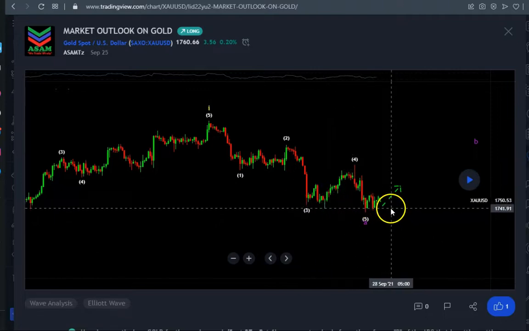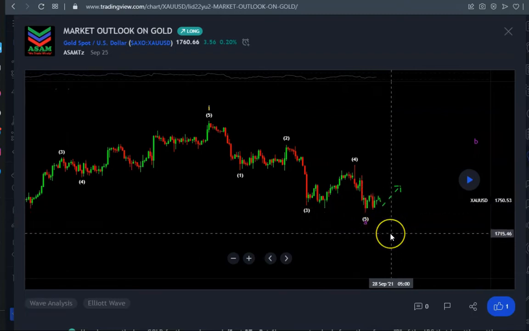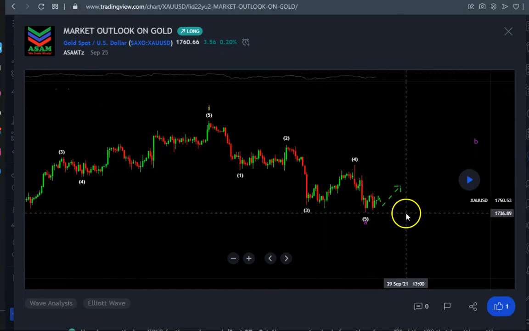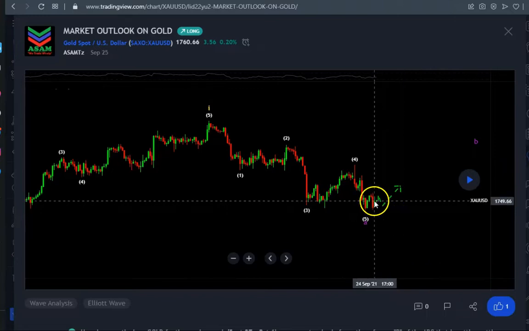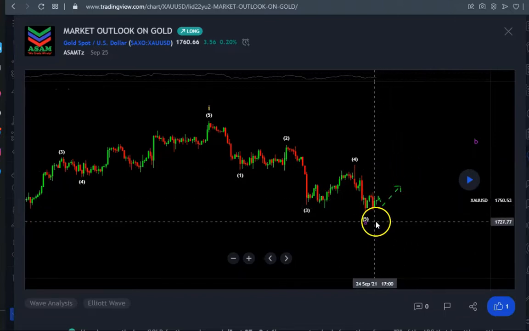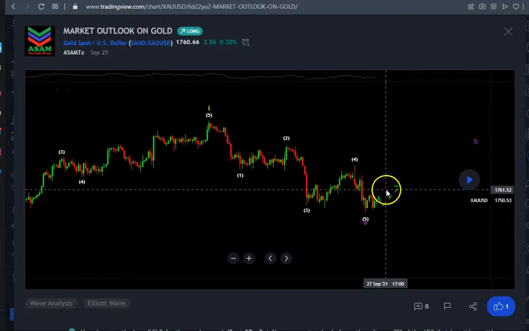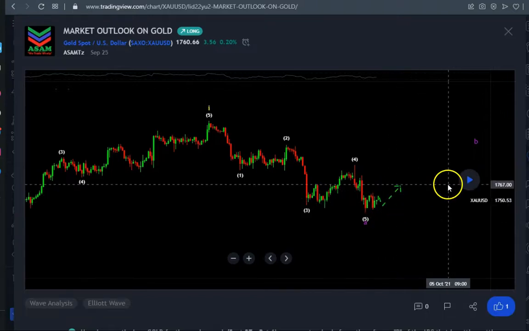In this wave we were expecting truncation, but what happened is the 5th wave became extended when the market opened. We were expecting this upward move, which moved only shortly on Monday. We traded it upward and held the trade, and on the second day it turned down.